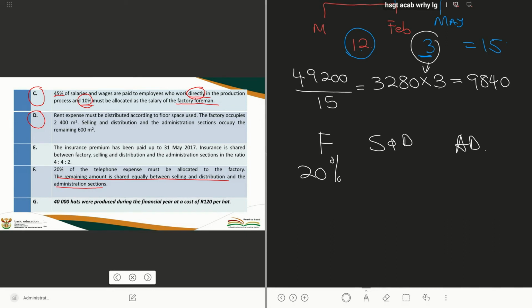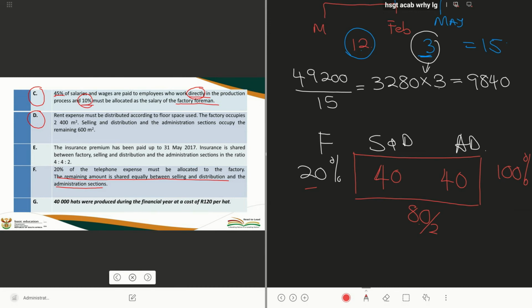So if we have 20%, whatever they share, when we add the 20, it must give us 100. Meaning 100 minus 20 gives you 80. And they're sharing it equally. That means this department is going to get 40, and that is going to get 40. All right? 20, 40, 40.